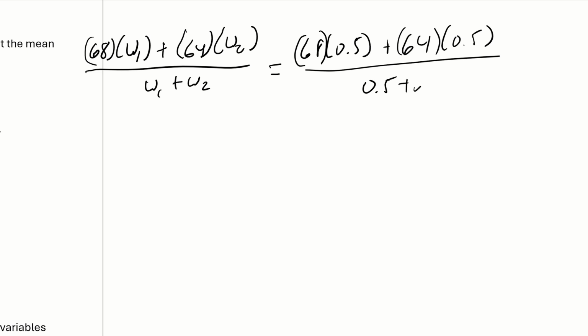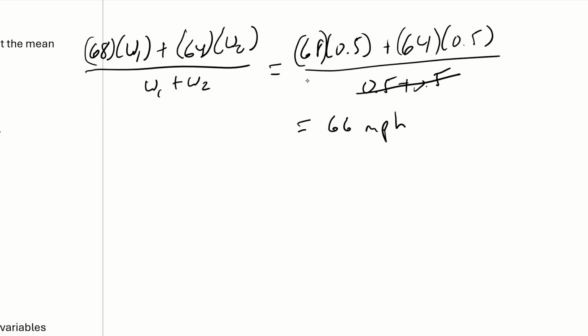And 0.5 plus 0.5 is just 1, right? So it's just going to be 68 times 0.5 and 64 times 0.5. Now, if I do that, then that's going to be 66 miles per hour, because half of them are 68, half of them are 64. Well, what's halfway between 68 and 64? 66, right? You can do the math.